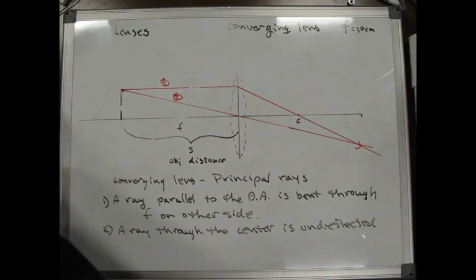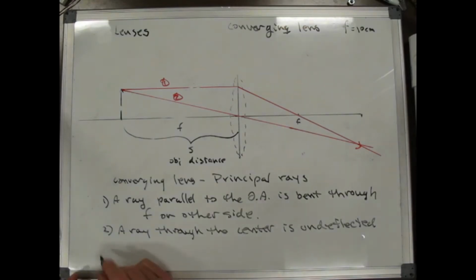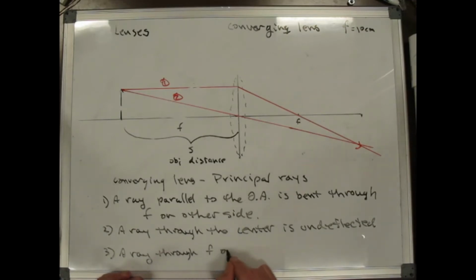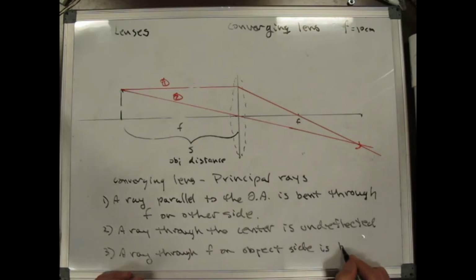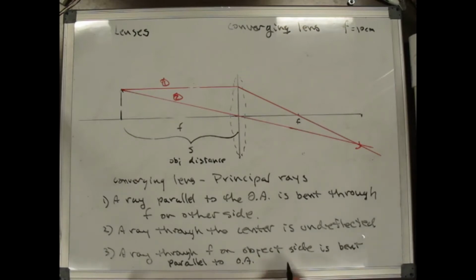And then ray number 3: a ray through the focal point on the object side, and I kind of erased that one, so I have to draw that back in.